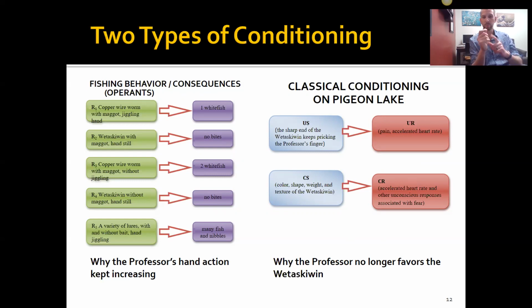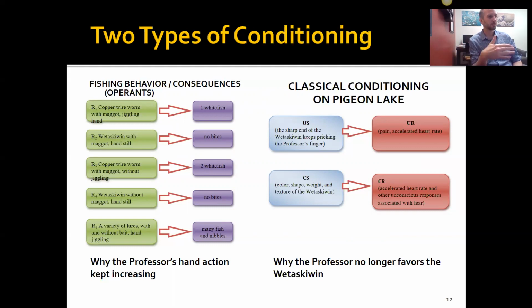But when you combine it with getting pricked multiple times, you can eventually start just looking at that hook, and then you get an accelerated heart rate and you get this fear response. All right, so that's why the professor in our textbook would no longer want to use the Wetaskiwin hook.